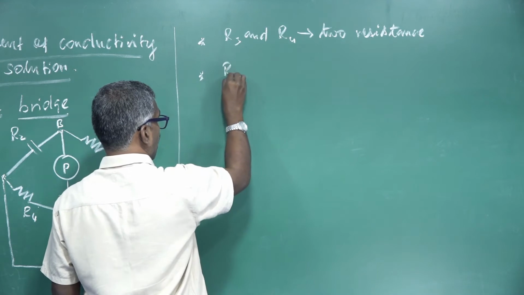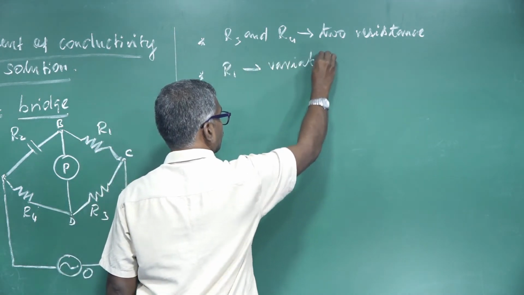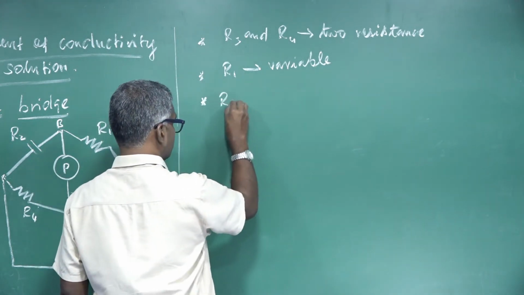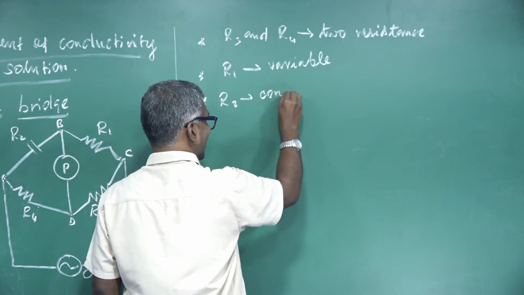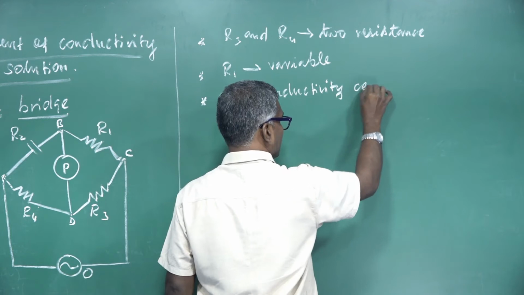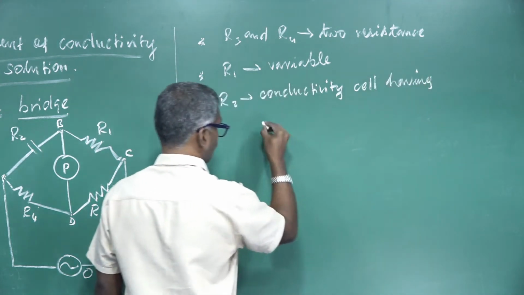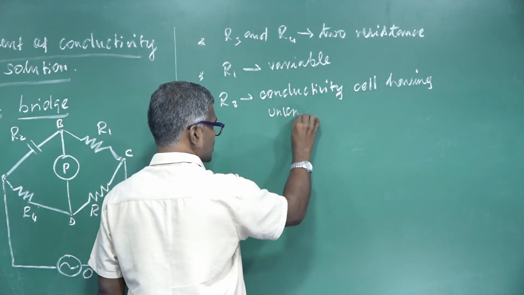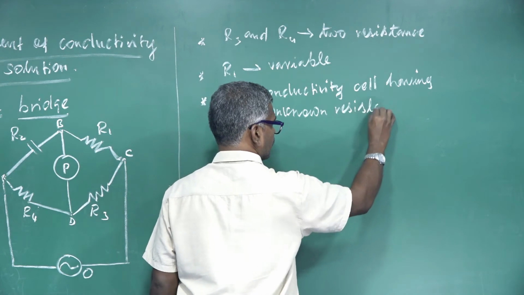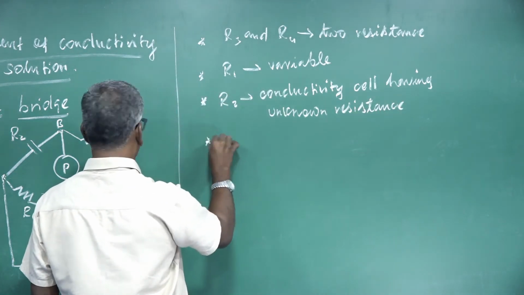Another one, R1, is nothing but a variable. R2 is nothing but the conductivity cell having unknown resistance.